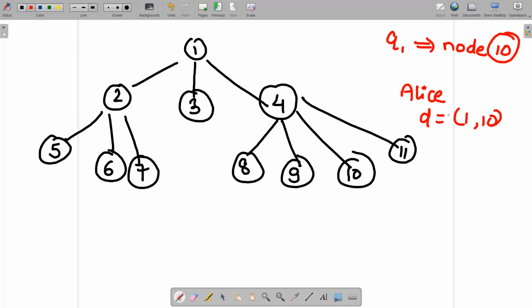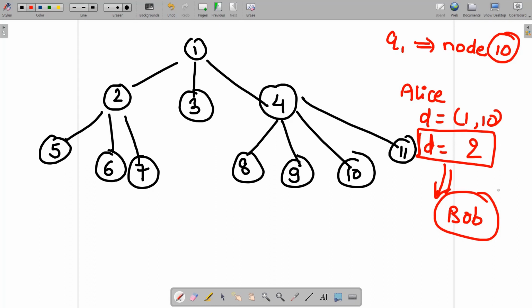So d is going to be the distance between node 1 and node 10. It is coming out to be 2. So d comes out to be 2. Alice will give this value to Bob. So Bob has to reach node 10 following this distance d. Bob will have to cover the distance d, and Bob wants to reach the node 10.